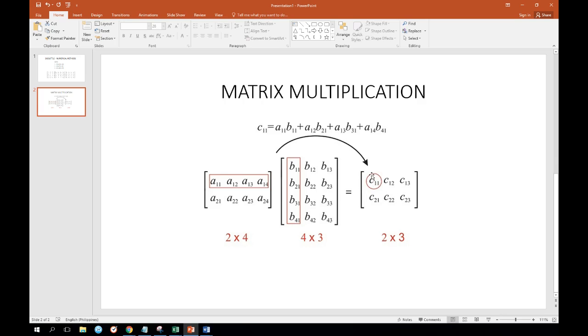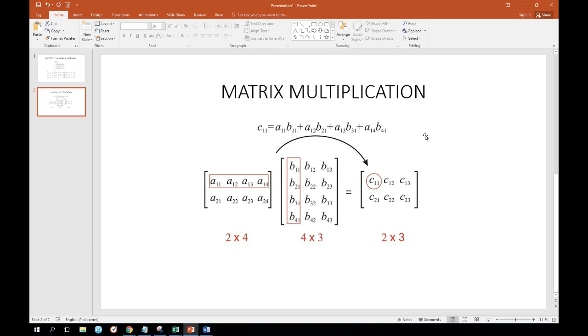So here, this is just a quick review. For the C11, we can find the value for C11 by multiplying the first row of the first matrix by the first column of the second matrix. So it's a summation.